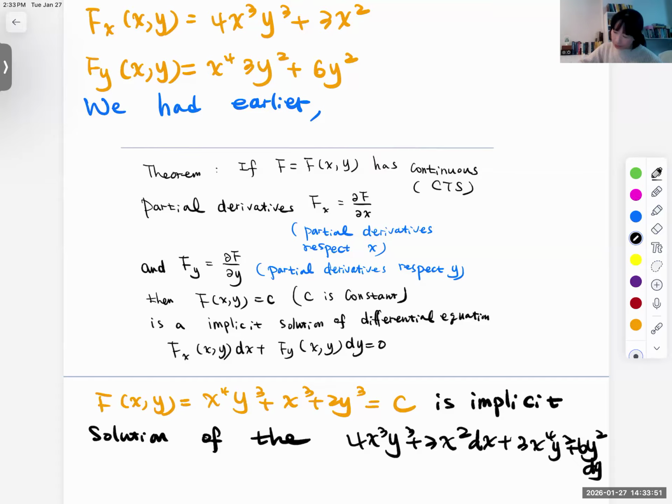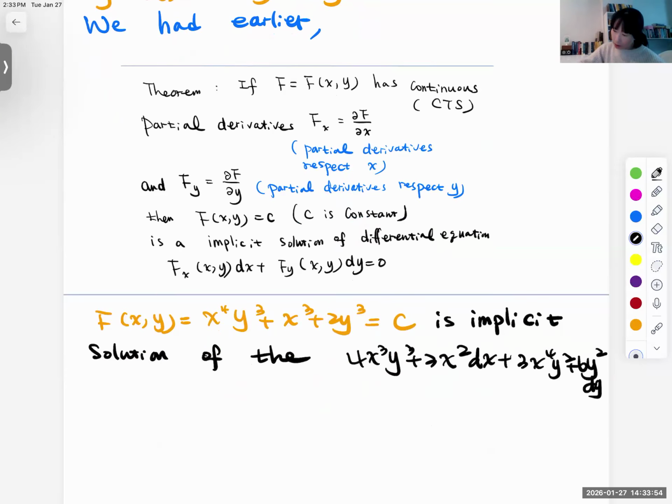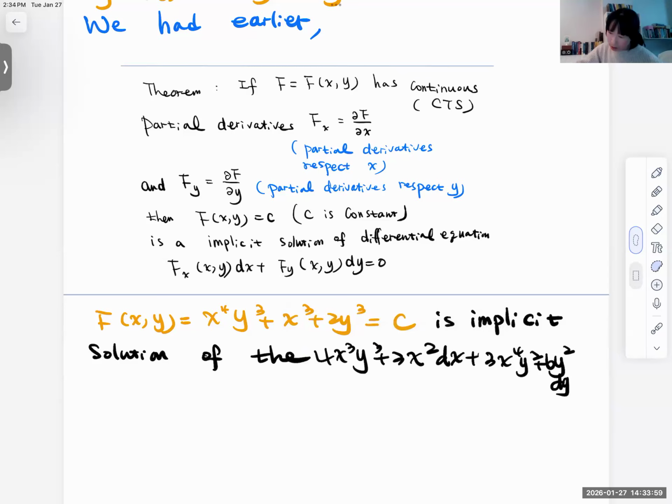Equal to 0, right? Yeah. All right. Now, we say that this is an implicit solution, right? Then, for an explicit solution, we need to solve for y, right? If we can. Some, we cannot, right? All right.